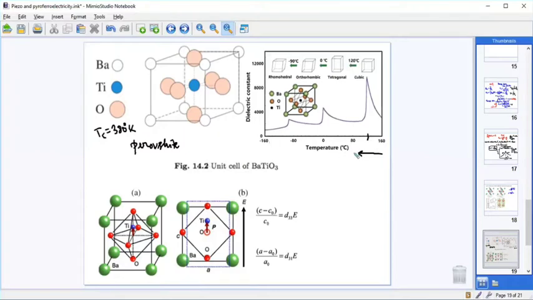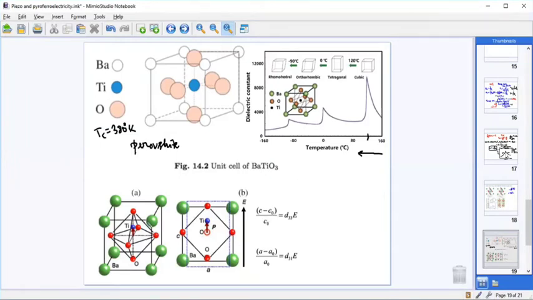As we lower the temperature, barium titanate exhibits a first phase transition, cubic to tetragonal, at about 120 degrees, then tetragonal to orthorhombic at about 0 degrees, followed by a rhombohedral transition at about minus 90 degrees centigrade. So these are the temperature versus dielectric phase transition plots as the symmetry in the crystal is reduced with decreasing temperature.